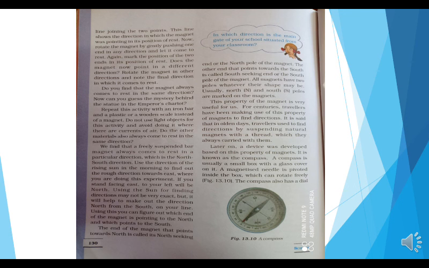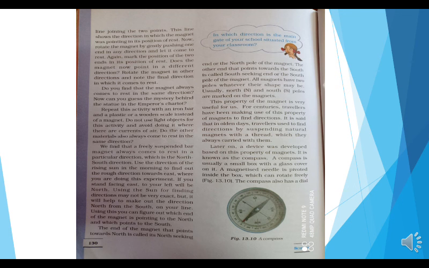The end of the magnet that points towards north is called its north seeking end, or the north pole of the magnet. The other end, which points towards the south, is called the south seeking end, or the south pole of the magnet.